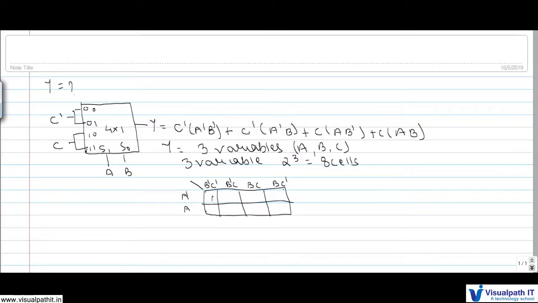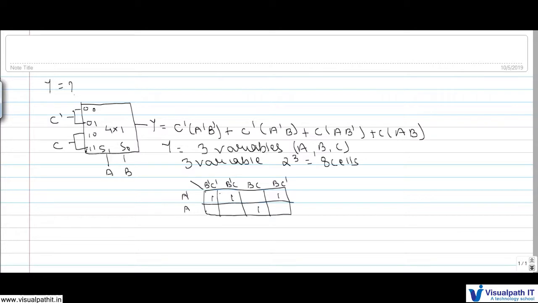C dash, okay, C dash a dash, and b, C a b dash, C a b, C a b dash, and C a b c.